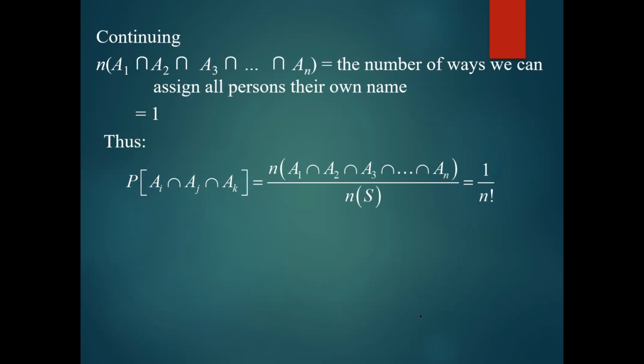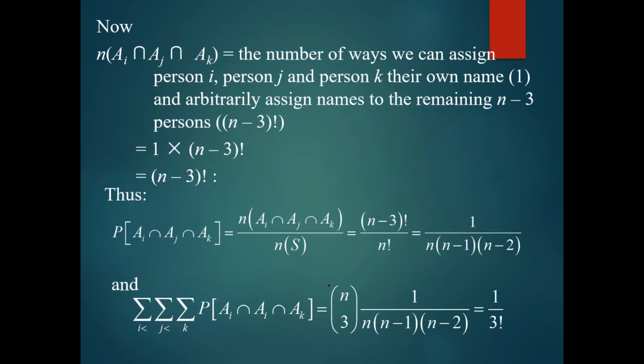But since you're going to apply the additive rule, you will end up with 1 minus 1 over 2 factorial plus 1 over 3 factorial minus 1 over 4 factorial plus 1 over 5 factorial.